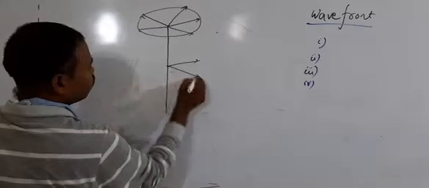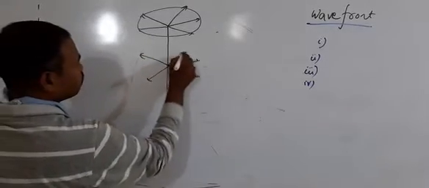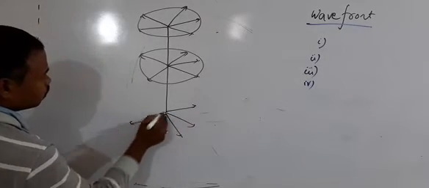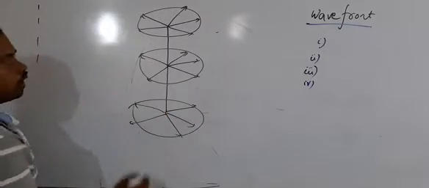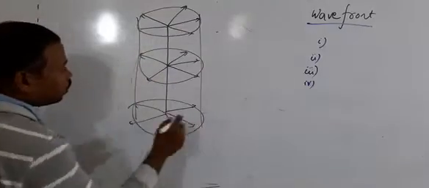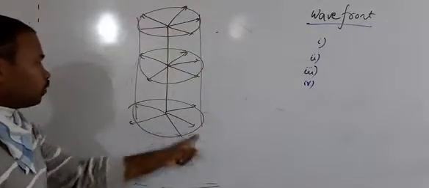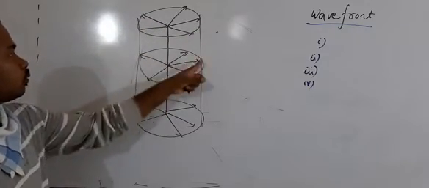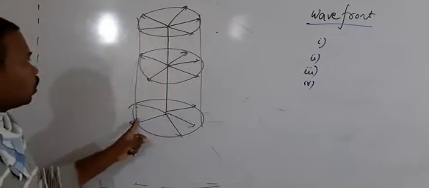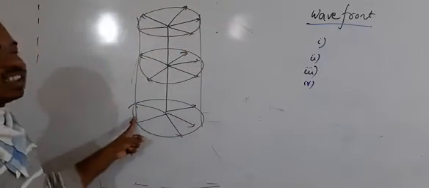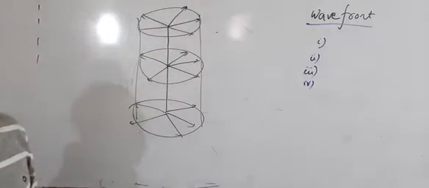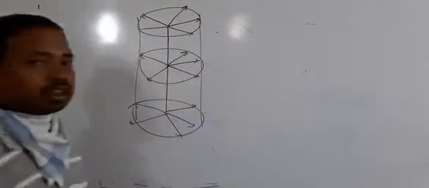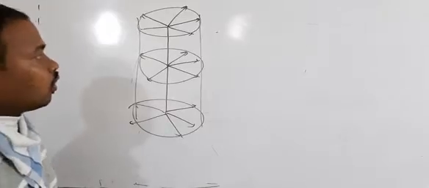From this point also light is propagating in all directions, and from this point also. And you join the surface. What are we getting? We are getting a cylinder. As light is propagating in all directions from that extended source, the shape of the wavefront is cylindrical.